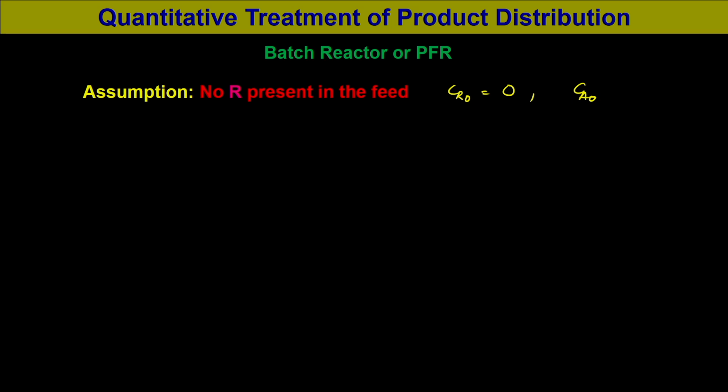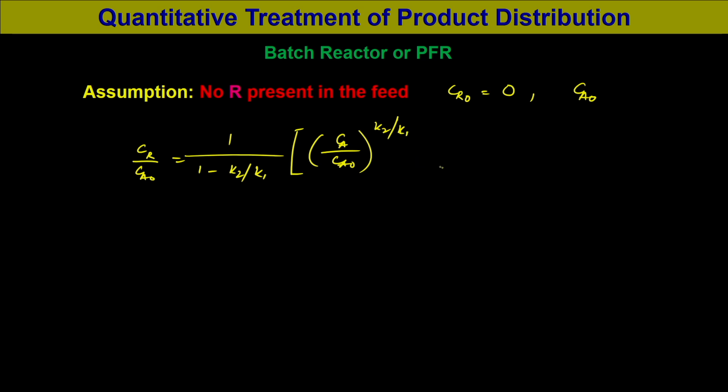So, we can integrate and get the solution of the differential equation, which is CR by CA naught is equal to 1 by 1 minus K2 by K1 times CA by CA naught to the power K2 by K1 minus CA by CA naught.